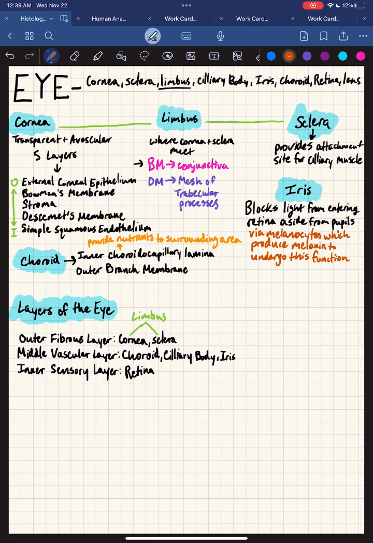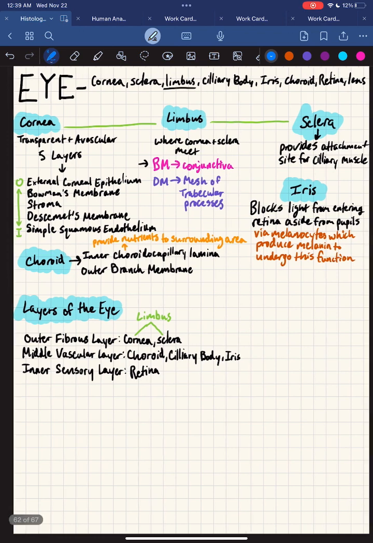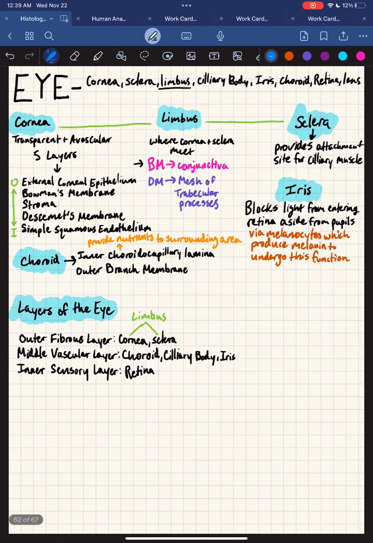So on top of that, something else that's pretty important as well is that the iris actually contains the sphincter, not the booty sphincter, it's the eye sphincter, and dilator muscles to close and open the iris. So if your pupils dilate or constrict, that is the iris constricting or dilating via the sphincter or the dilator muscles.